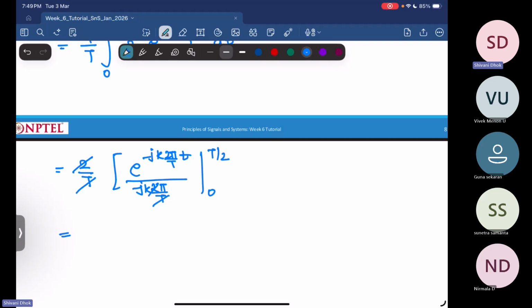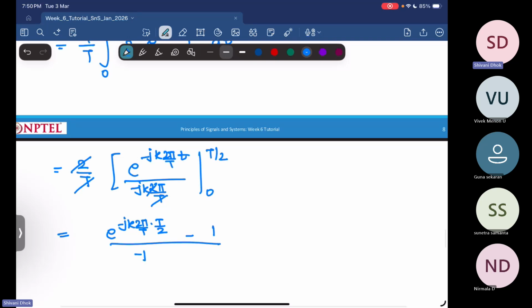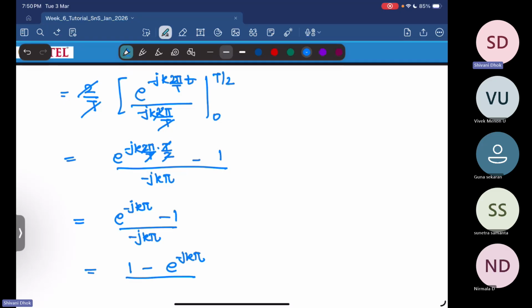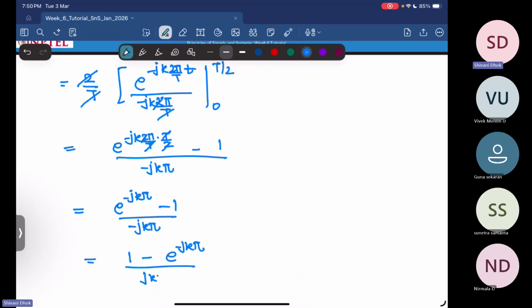And what we are left with is e power minus j k 2 pi by capital T into capital T by 2 minus e power minus j0, which is 1, upon minus j k pi. So this gets cancelled. And what we are left with is e power minus j k pi minus 1 upon minus j k pi. Or in other words, this is equal to 1 minus e power minus j k pi, whole divided by j k pi.